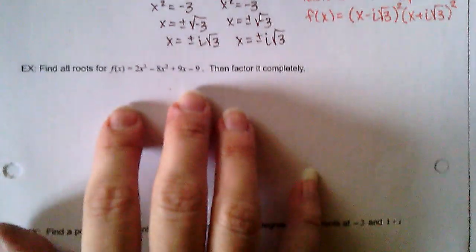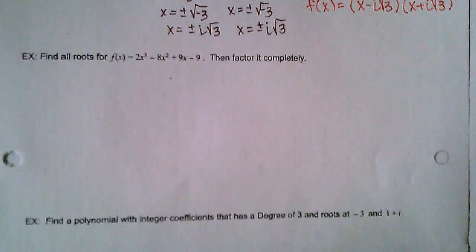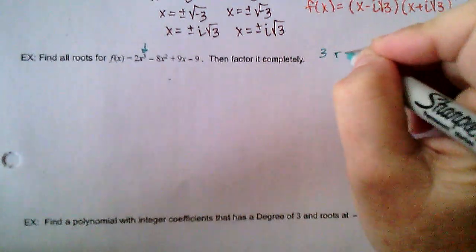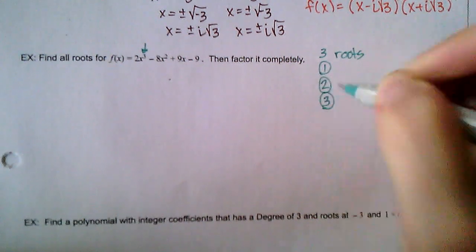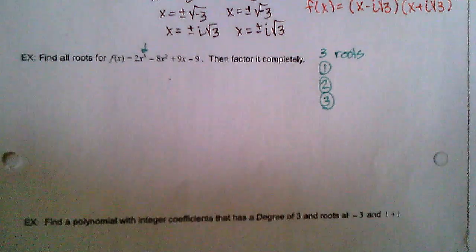Okay, find all roots of 2x cubed minus 8x squared plus 9x minus 1. So let's look at the total number of roots. Since the degree is 3, we're looking at 3 roots. Let's look at positive real roots and negative real roots.